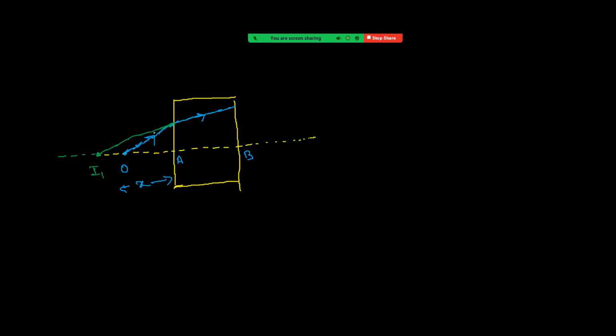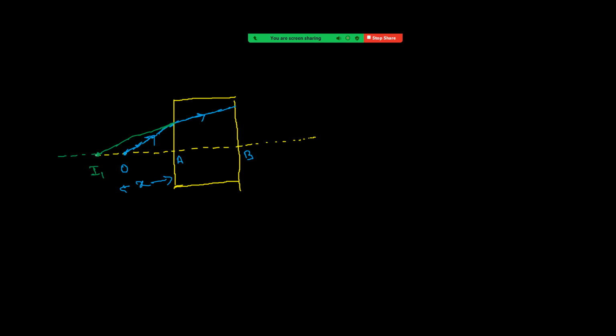See what we are doing here. First, we have taken an object O at some distance from this face, that is x. When this is incident on this face, it will undergo refraction. Now this light ray bends towards the normal. When you extend this back, it will meet the line at this point.